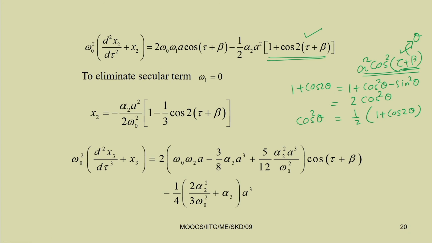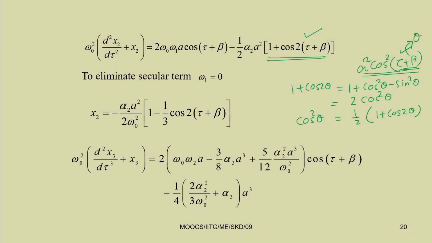Now you can observe that in this equation, omega 0 square d square x2 by d tau square plus x2 equals 2 omega 0 omega 1 a cos tau plus beta minus half alpha 2 a square into 1 plus cos 2 tau plus beta.